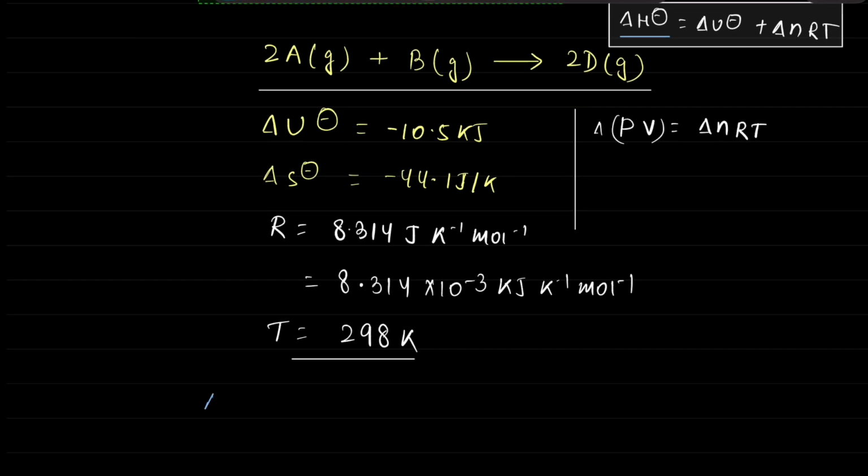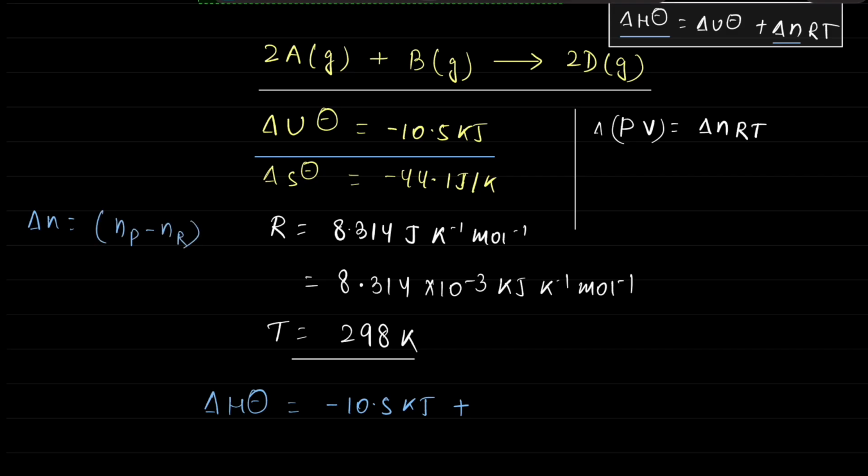So delta H is equal to delta U naught, which is minus 10.5 kilojoule, plus the change in mole, delta N. Delta N is equal to total moles of the product minus total moles of the reactant. Total moles of the product is 2, so 2 minus the reactant, which is 2 plus 1, equal to 3.